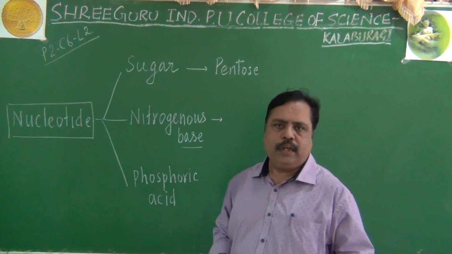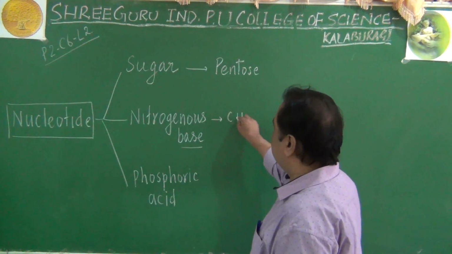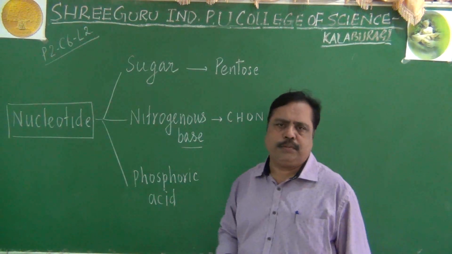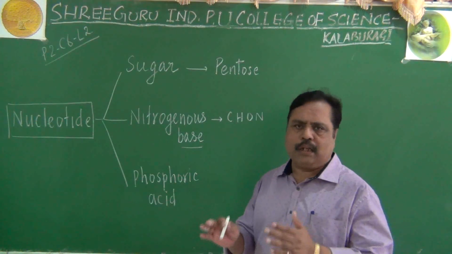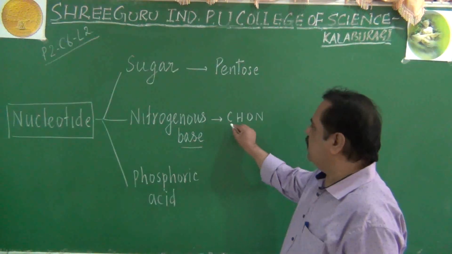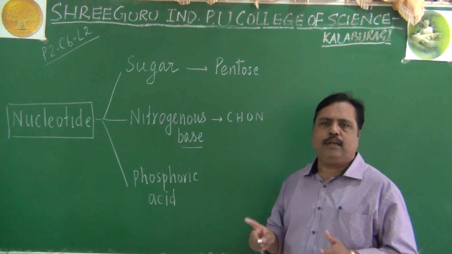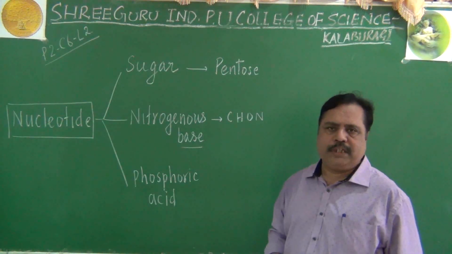These nitrogenous bases are generally made up of carbon, hydrogen, oxygen and nitrogen actually. Sometimes there may be some methyl group and other things, or even carbon, hydrogen only will be present there. So basically they are made up of carbon, hydrogen, oxygen and nitrogen.